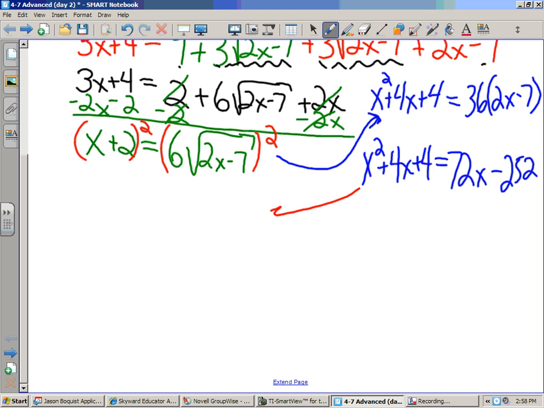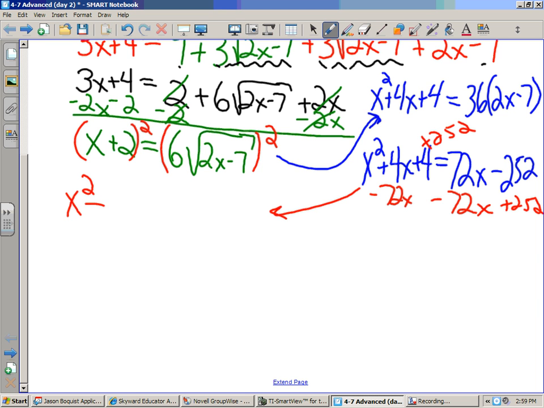So now we'll go over this way. How about we get it to equal 0? So let's subtract 72x from both sides. Can I add the 252 at the same step, or am I going to lose people? We good? Plus 252, and I'll add 252 right here.